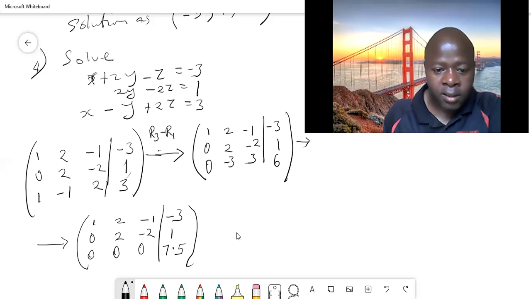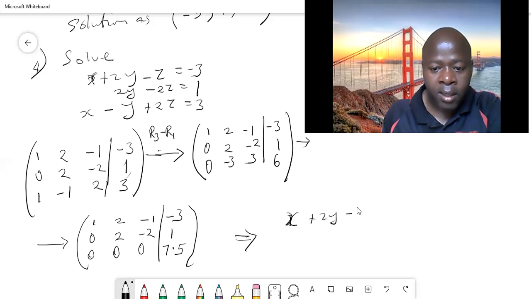So what does this imply? The first row means we have x plus 2y minus z giving us negative 3. The second row implies that 2y minus 2z will give us 1. And then this other row means you have 0x plus 0y plus 0z giving us 7.5.